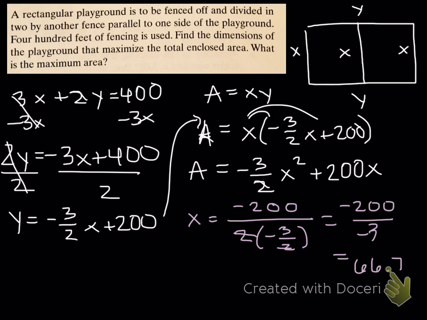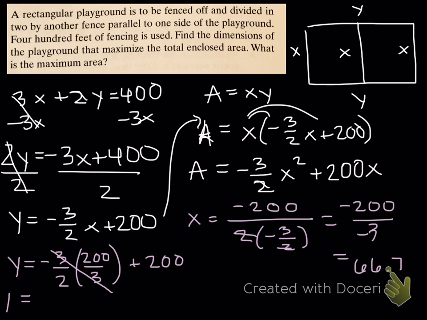Alright, so now we're going to plug it back in. Now, when I plug it back in, I'm going to actually leave it in fraction form because I think it'll be a little bit easier to do by hand. Obviously, you could use the calculator, but I think keeping it in fraction form is a little bit easier. So the 3's are going to cancel, and now I'm dealing with negative 200 divided by 2, which is negative 100 plus 200 equals 100.